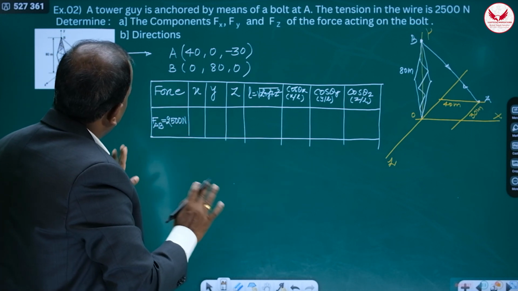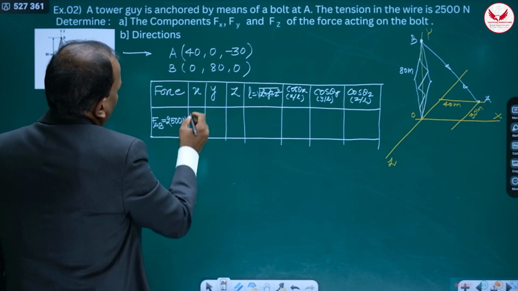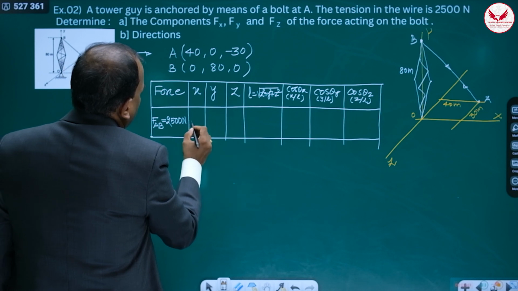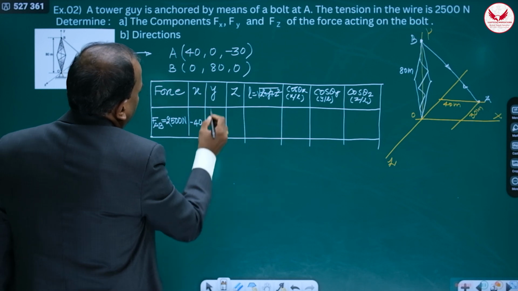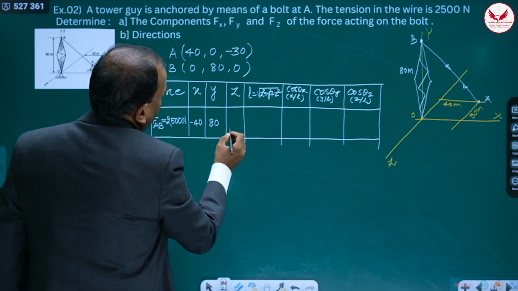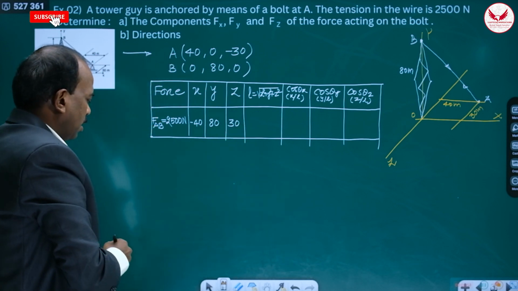For that also we have to do the same thing. So X means 0 minus 40, so it is minus 40. Then 80 minus 0, it is 80. And 0 minus minus 30, it is 30.